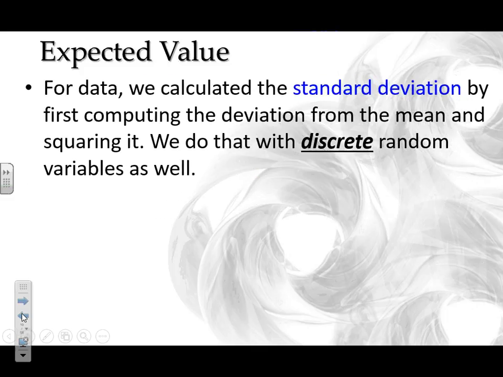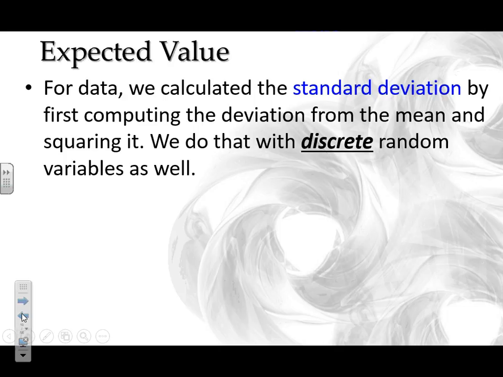Now, with expected value, since we're calculating a mean, anytime we calculate a measure of center, a mean, we also need a measure of spread. Mean always went with standard deviation. So now we're going to talk about standard deviation. So we know, in essence, that when I flip my coin 3 times, I should expect to see 1.5 heads.